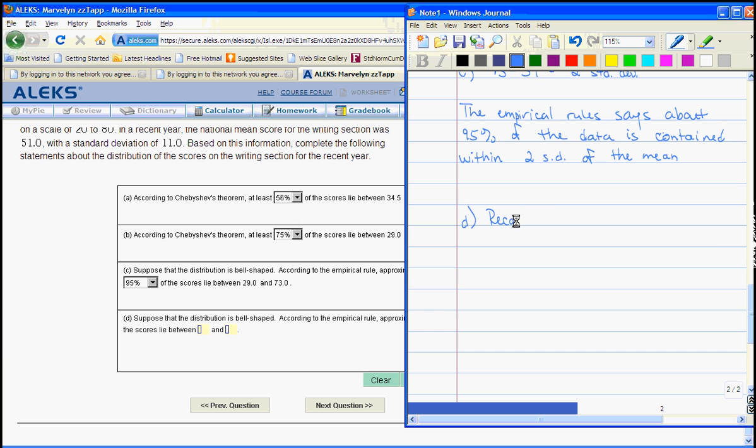Okay, so recall, the empirical rule states that approximately 68% of the data is within 1 standard deviation of the mean.